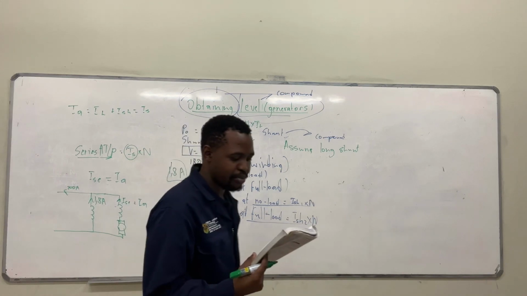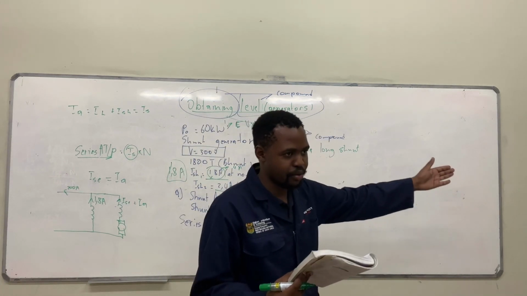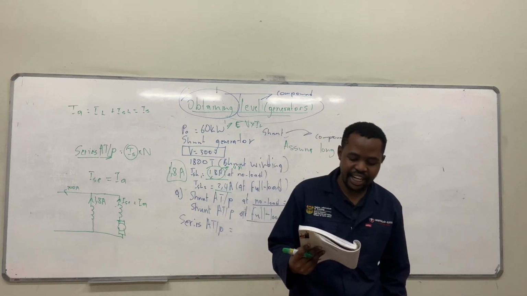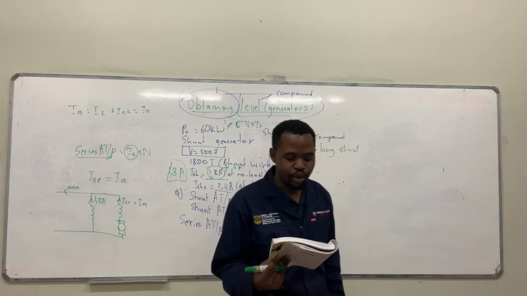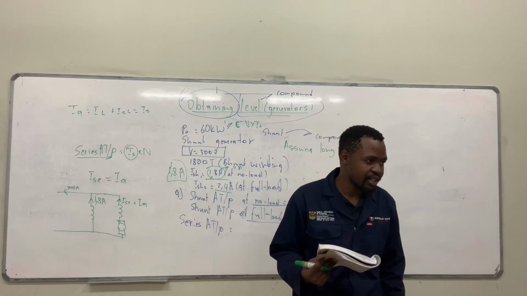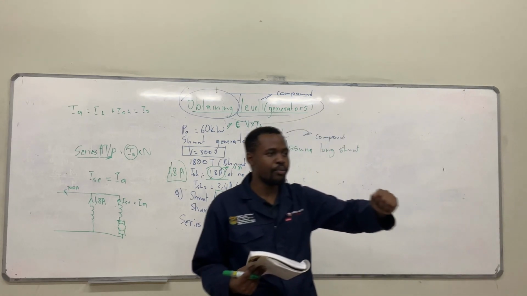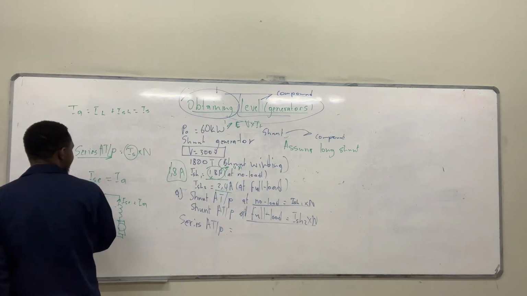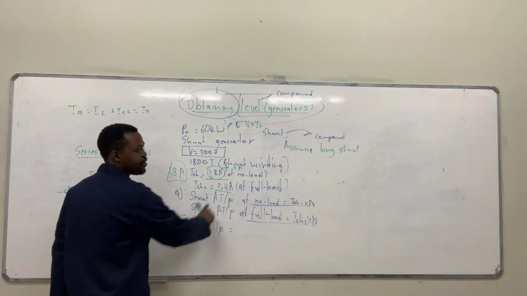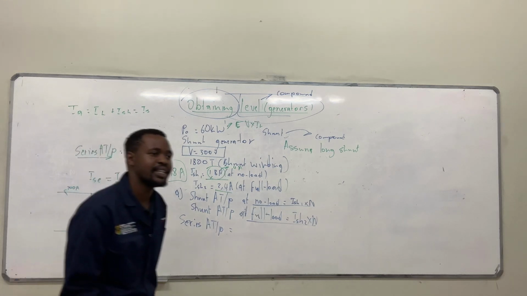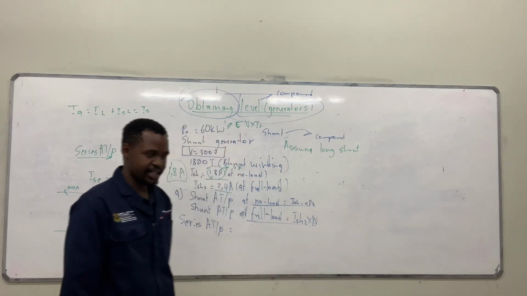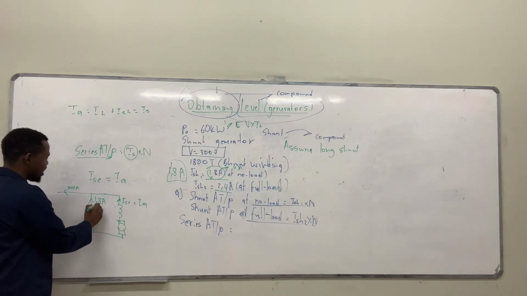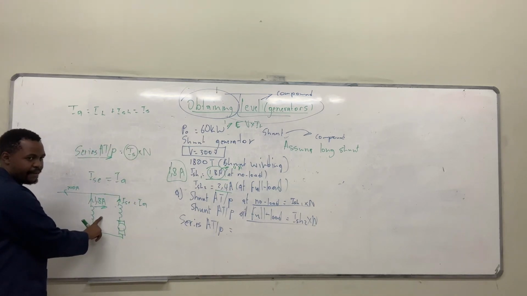Let's see what the answer says. The answer says no, because the shunt field current had to be increased from 1.8 to 2.4 in order to maintain a constant voltage.